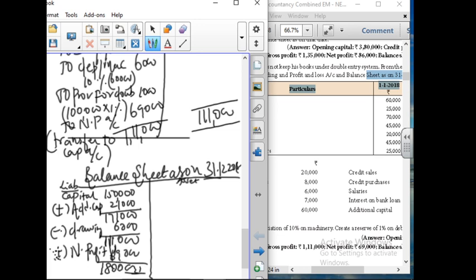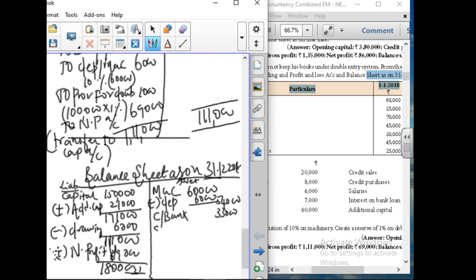Next, on the asset side comes machinery 60,000, and you have a depreciation on machinery, minus your depreciation 10%, 6,000. So in the outer column you have to write 54,000. And next comes your cash at bank 33,000.